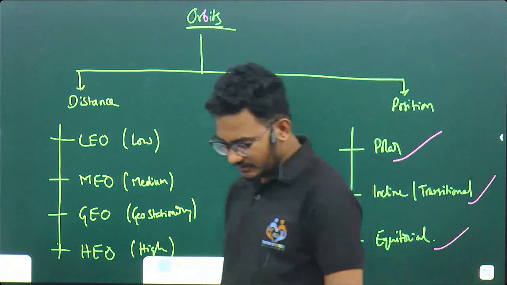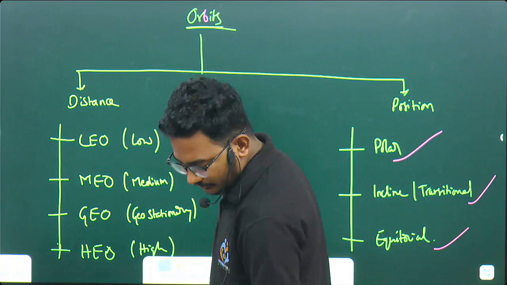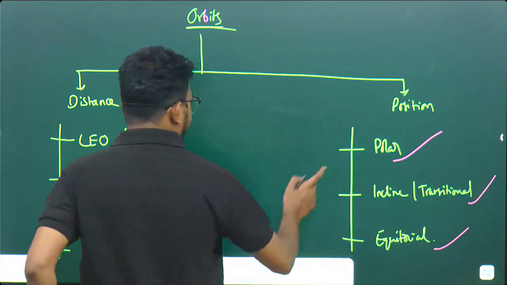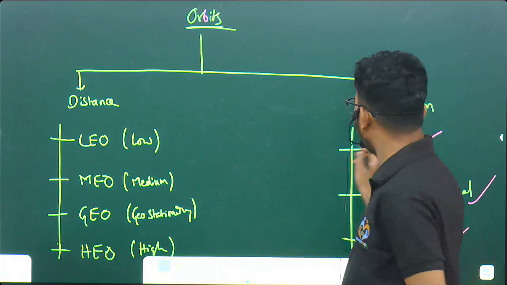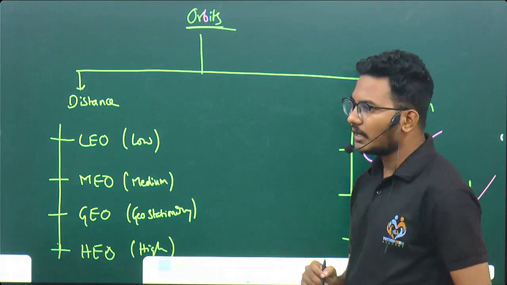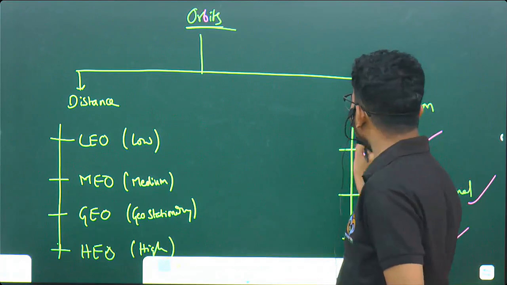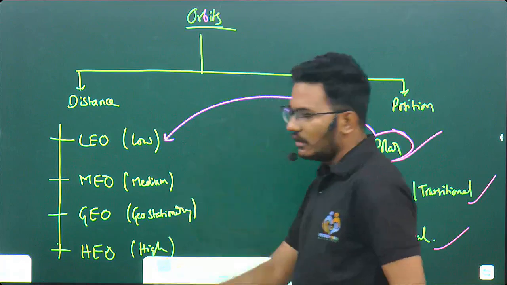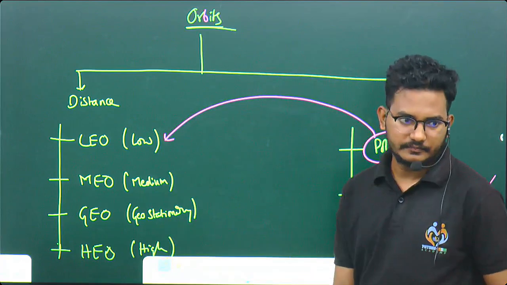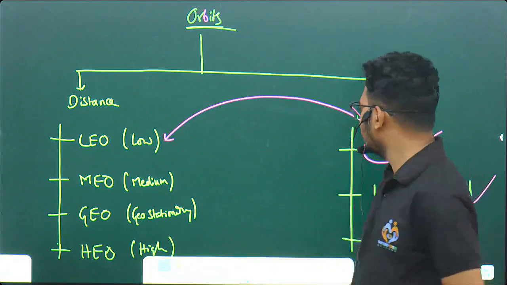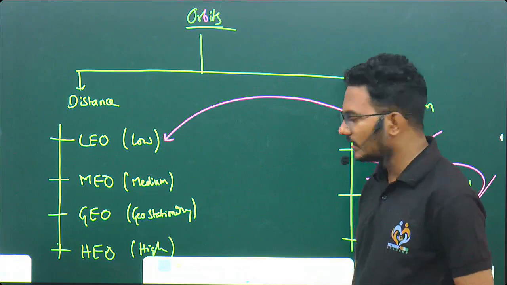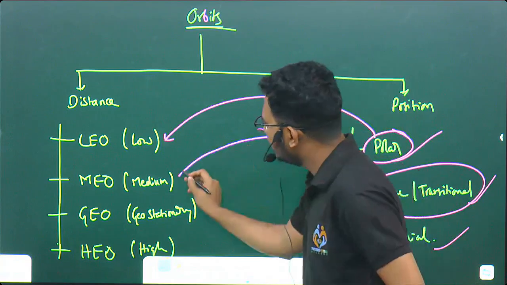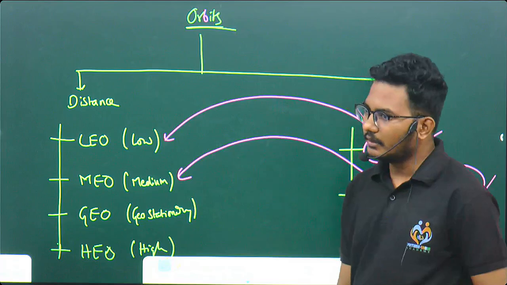Now let me tell you something. If you want to cover polar regions, the satellites must be placed in the low Earth orbit. If you want to place inclined or transitional satellites, they must be placed in the medium Earth orbit.